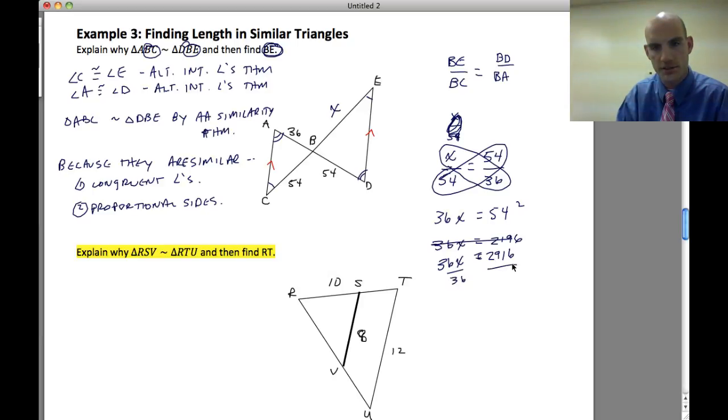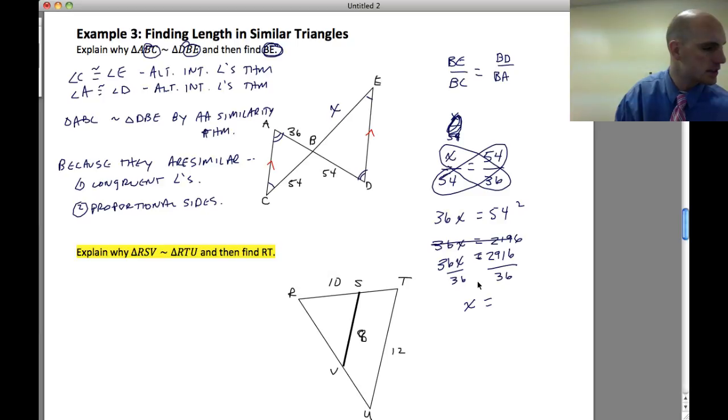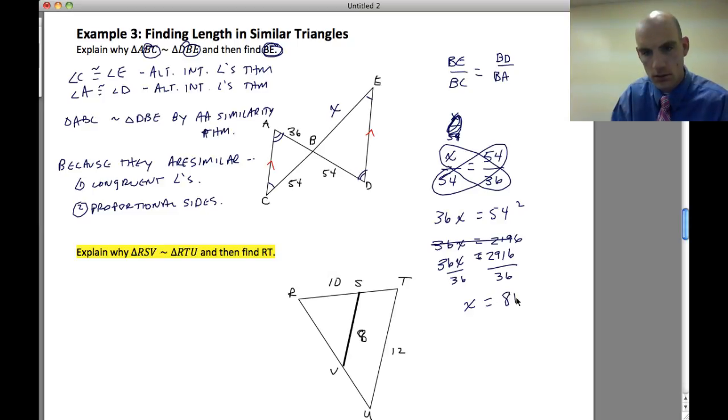Divide by 36 on both sides. I come up with x is equal to 81. Okay? So guys, this is 81.